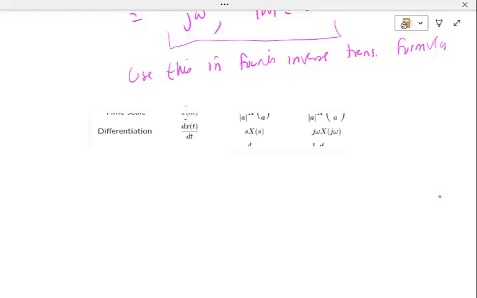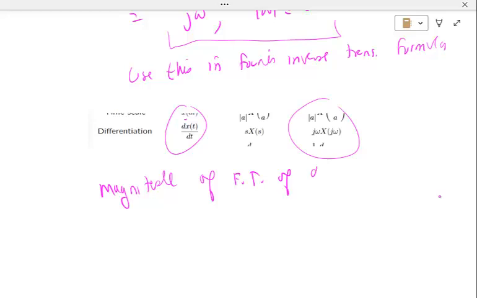So this is the derivative, and the magnitude of the Fourier transform of the derivative is equal to the magnitude of j omega X. I just write this as omega here. Same thing. So it's equal to the magnitude of omega times the magnitude of X of omega.